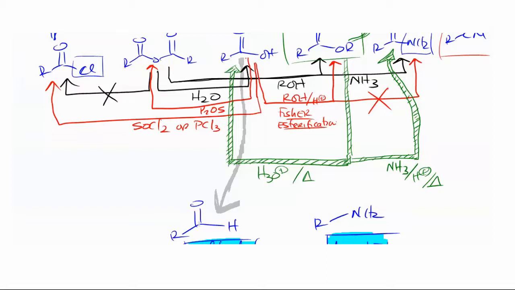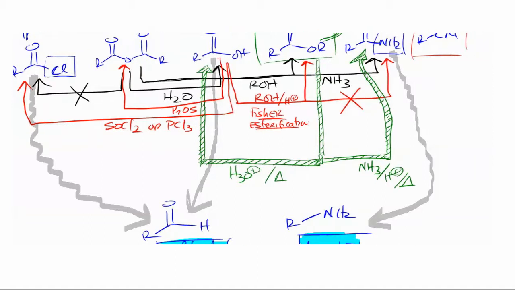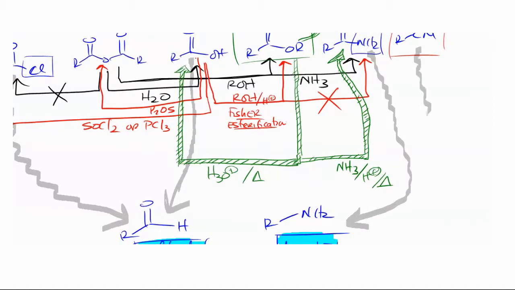Okay, so from the carboxylic acid, we can get to the aldehyde, or from here, we can get here. Now, starting with the amide, we can get here. Or starting with the nitrile, we can get here. All these guys are going to be reduction reactions.